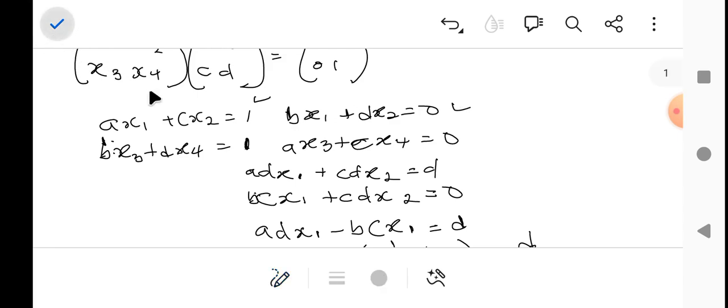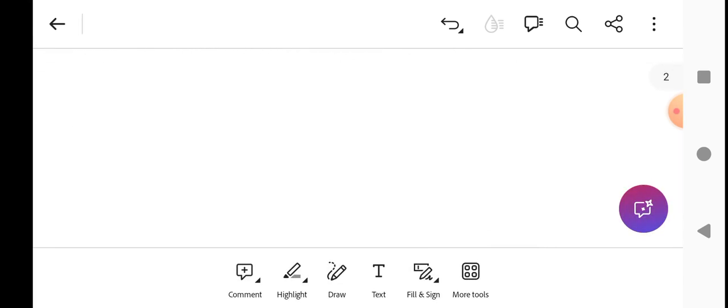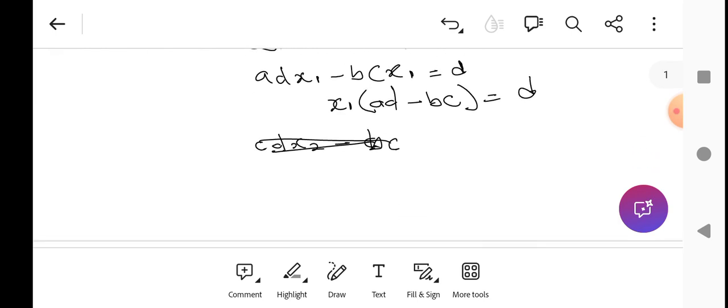In general, if you have this particular equation, you come to discover that if I now put in all the values of A and x1 up to x4, x1 looks somehow like D upon AD minus BC, right?